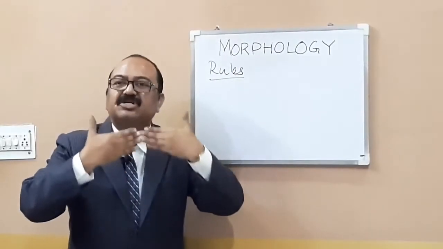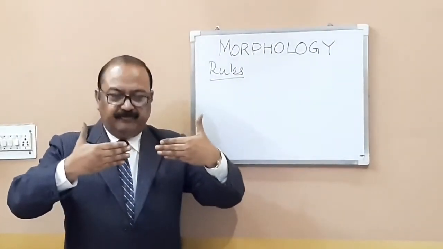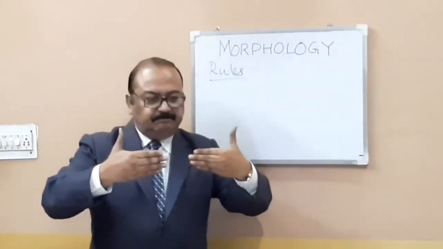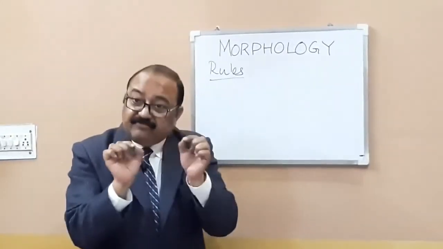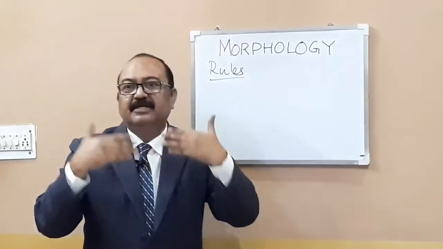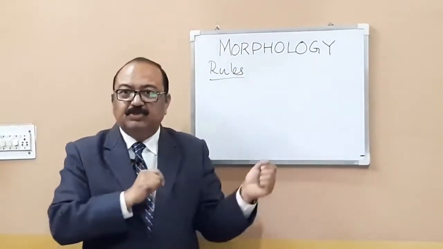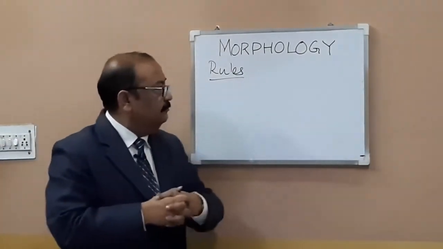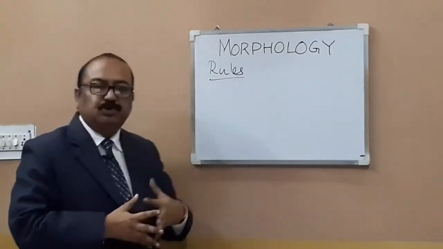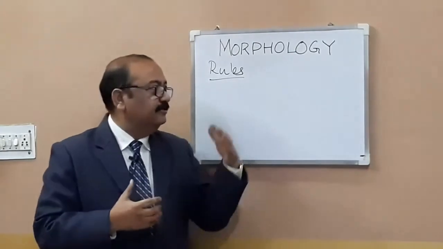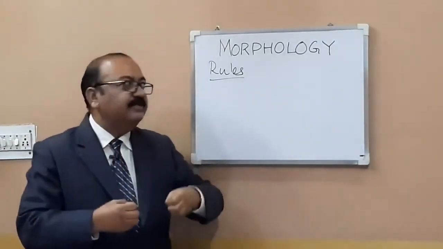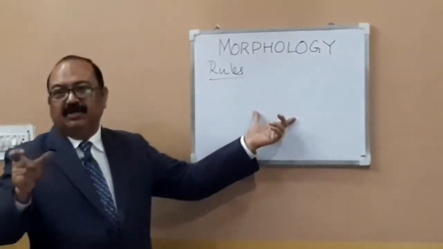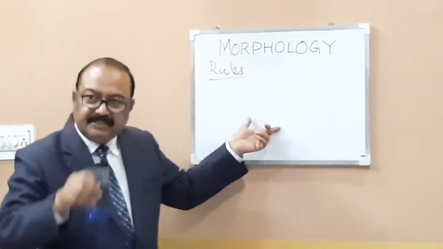If there is space in between, we call it open compound words. And if there is a hyphen, a small line in between them, then we call it hyphenated. So what do they say about closed compound words? These linguists say that if two root words combine together to form an altogether new word with a new meaning, it gives you a closed compound word. Is it okay?